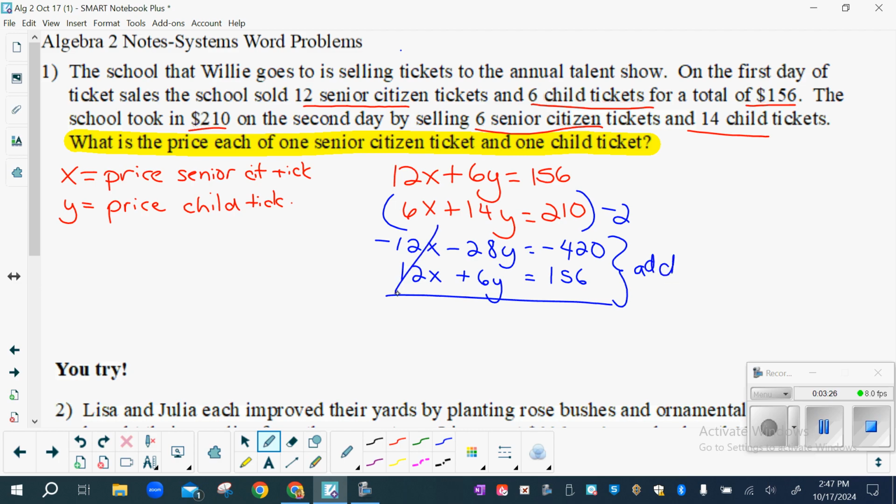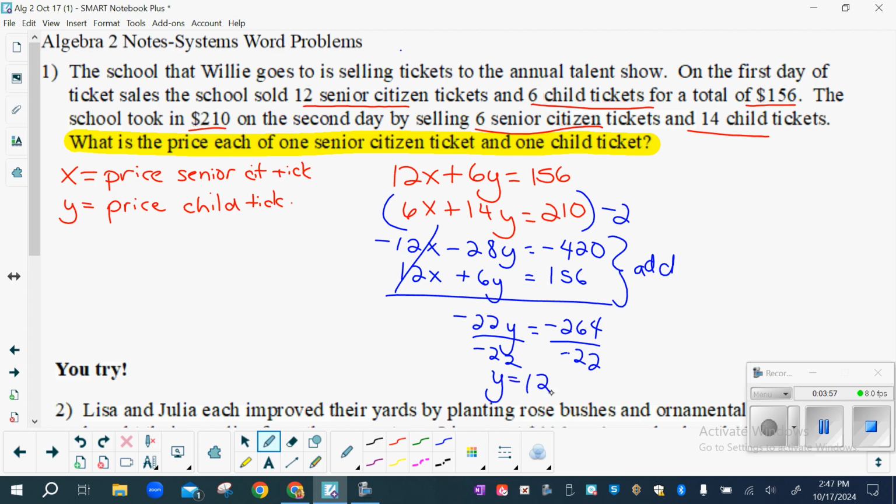So the x's cancel, -22y equals -264, divided by -22, and we get y is 12.